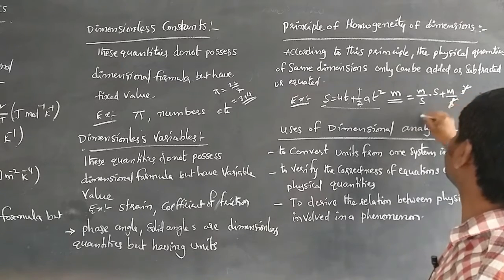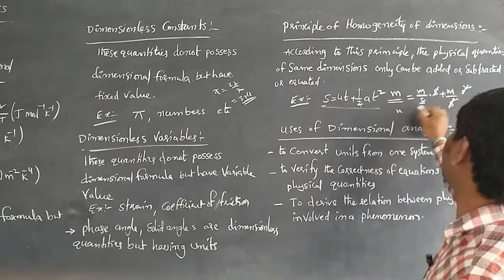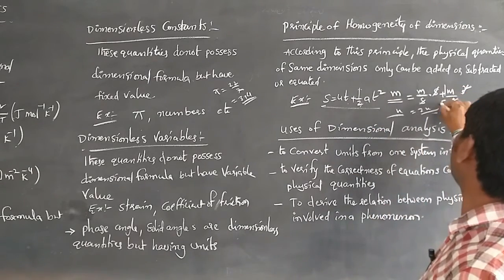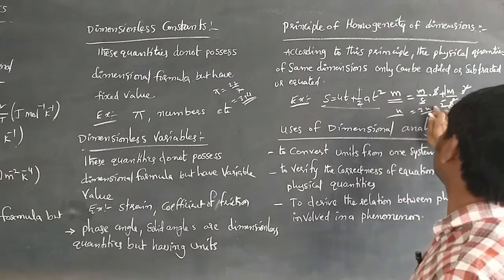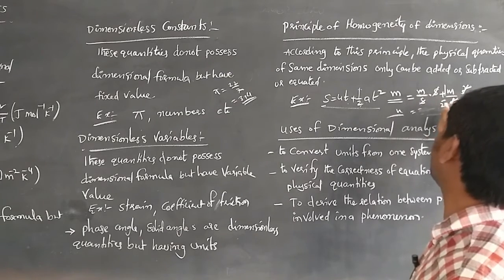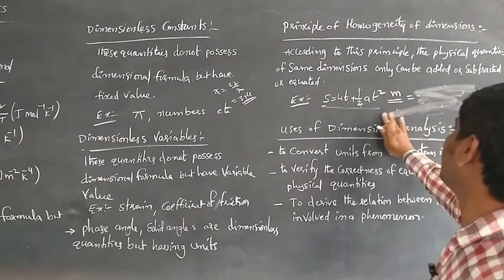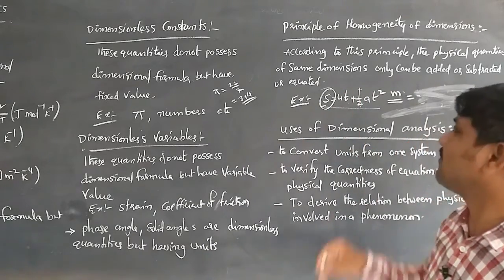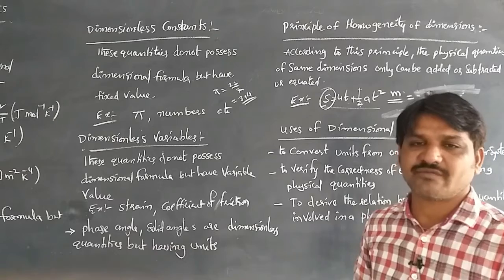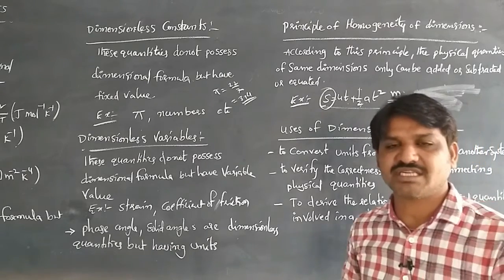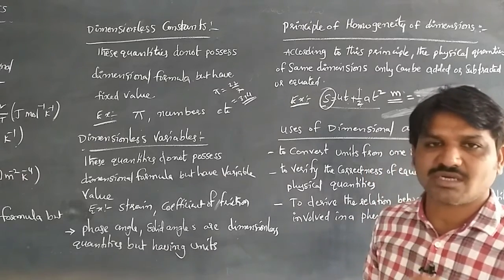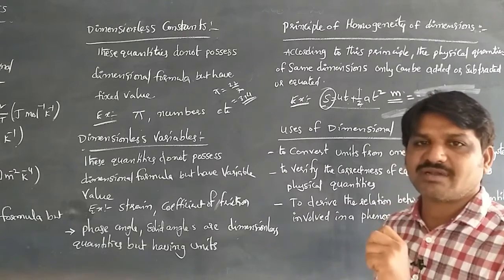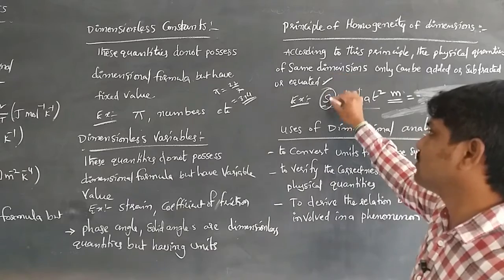Here second square gets cancelled, and the remaining term is meters. So according to the principle of homogeneity of dimensions, physical quantities having the same dimensions can be added, subtracted, and equated.